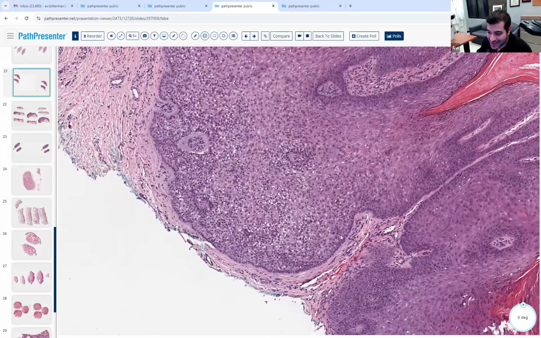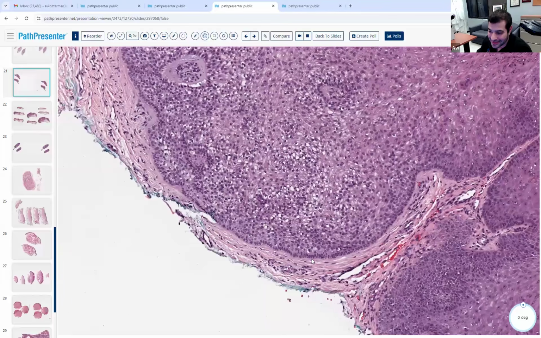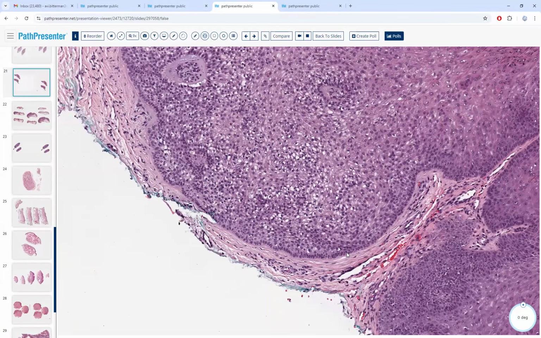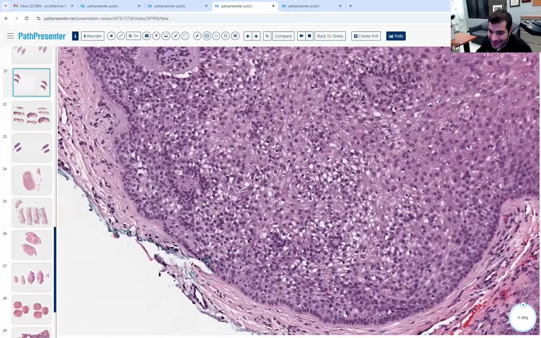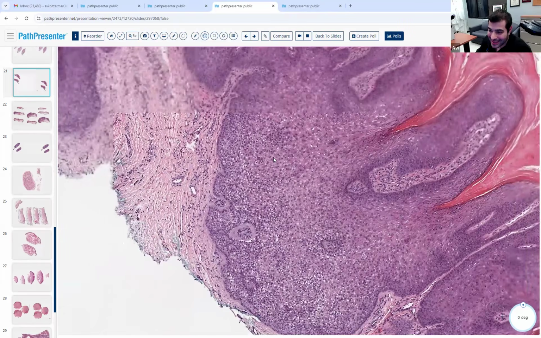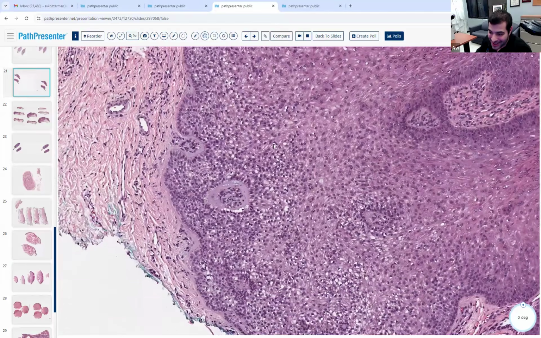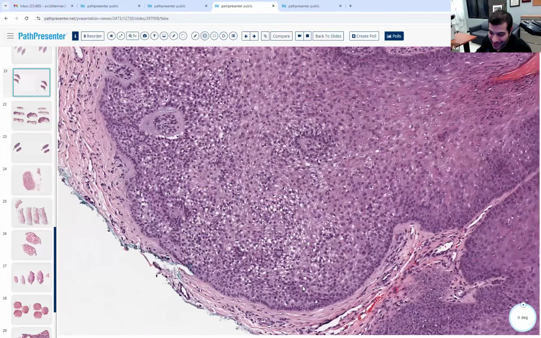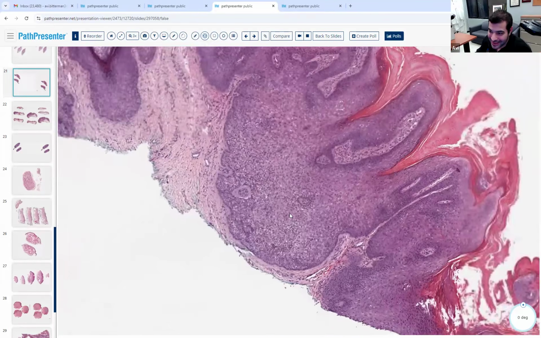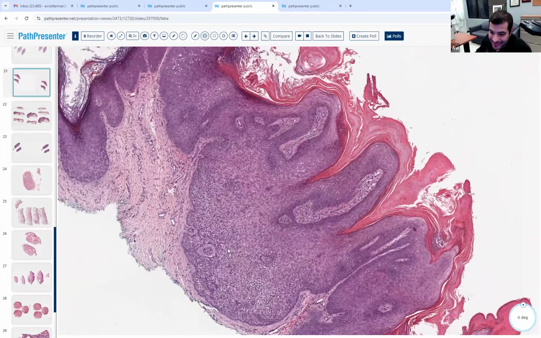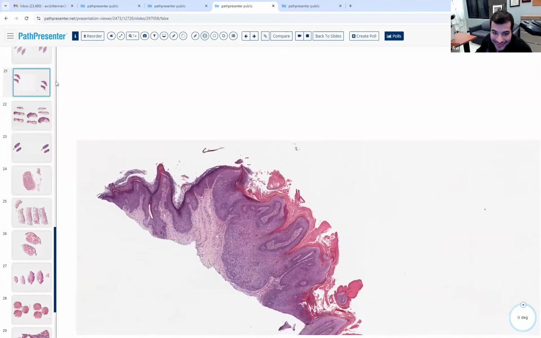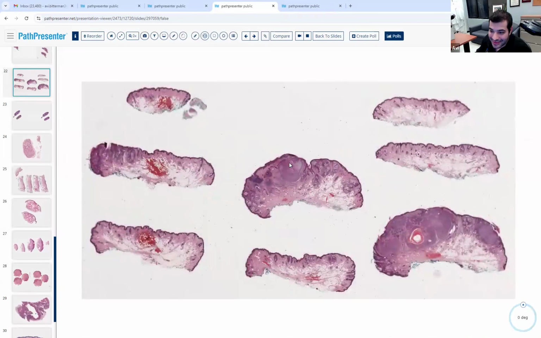And what do you also see on the way down? Peripheral palisading. Yeah, it's palisading also over here. It's verrucous. It has an outer root sheath differentiation. See that? Has that peripheral palisading. Fibrovascular stroma. What about this one?